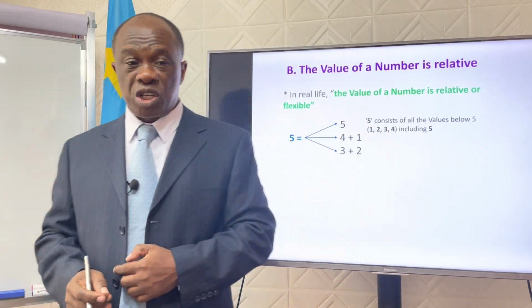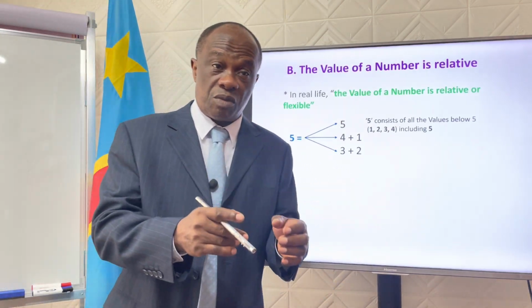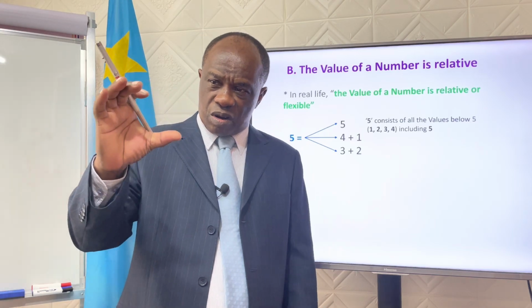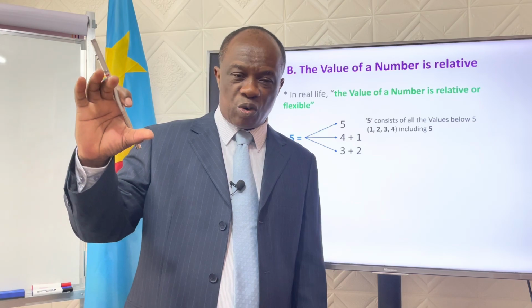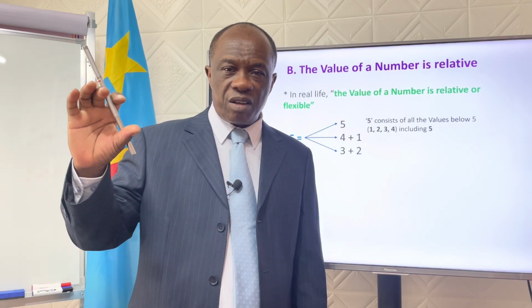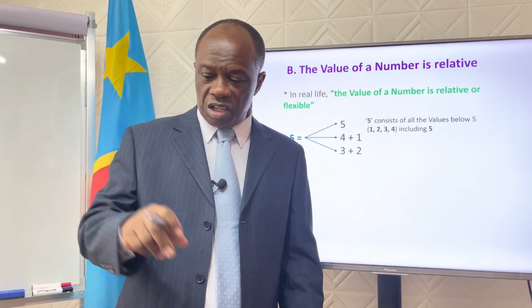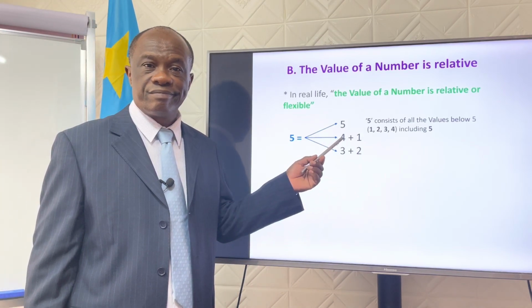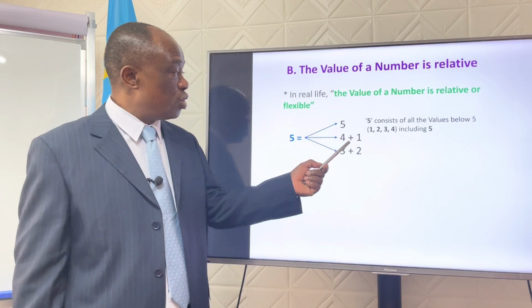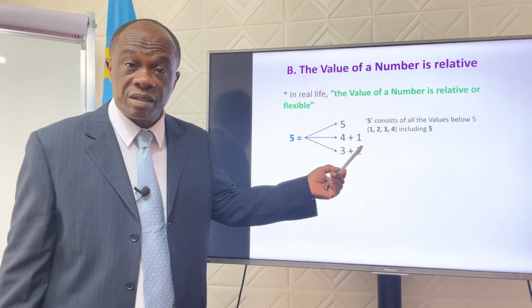Then you check around and you find a chocolate bar, a bar of chocolate. And you ask the price. It costs only $4. So you still have $1 with you.